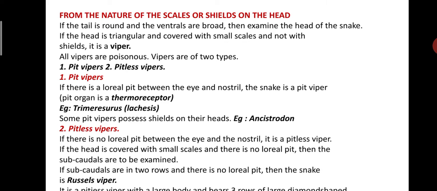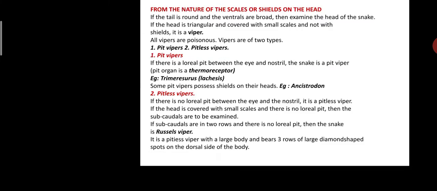This is how to identify the pit viper and the pitless viper. Russell's vipers are all poisonous snakes. So based on the nature of the scales or shield on the head, it can be easily identified.